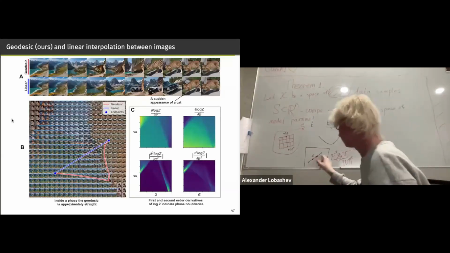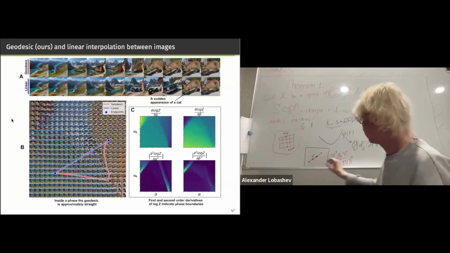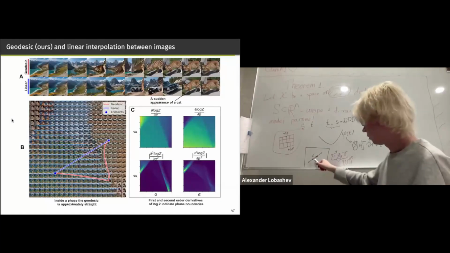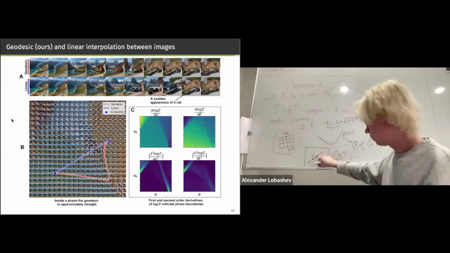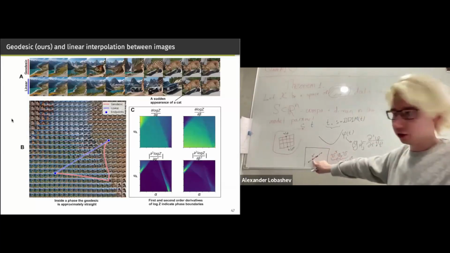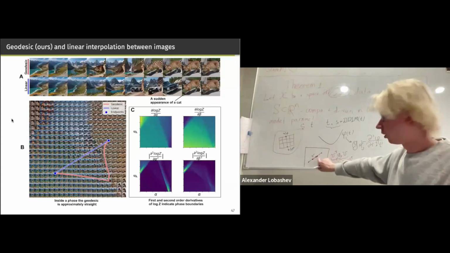I just sum the lengths of all segments and minimize the total length of this curve with respect to parameters which are points on my curve.